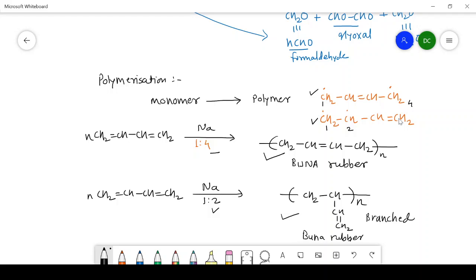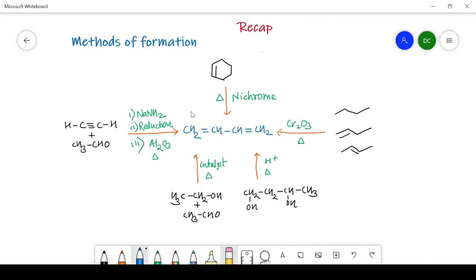Now we will see what we have learned in this lecture. In this lecture, we have studied 5 different methods for formation of 1,3-butadiene. It can be prepared from cyclohexene when it is passed over nichrome.